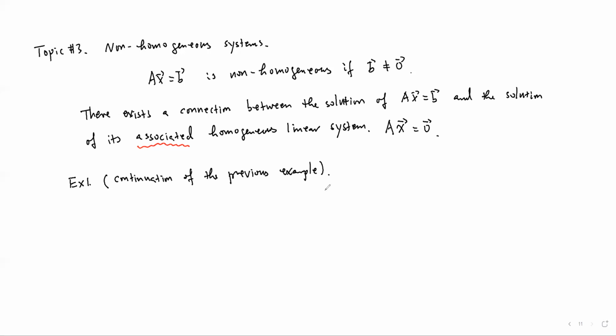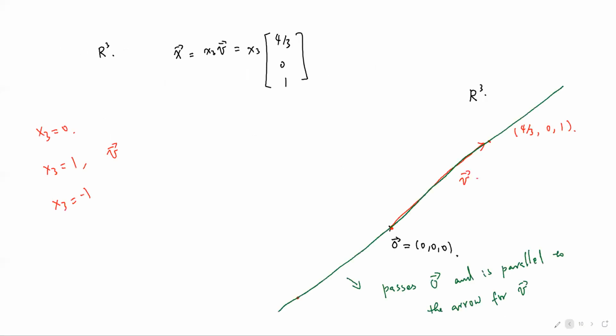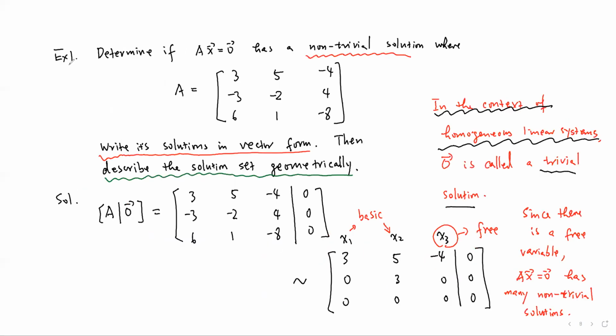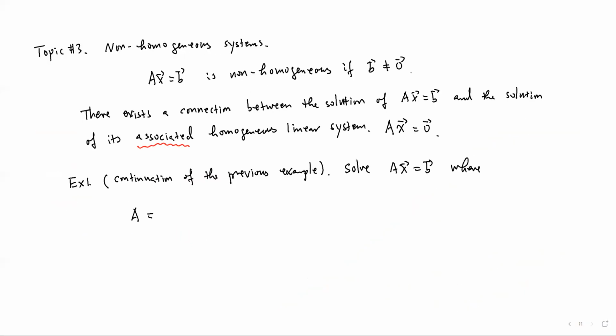Now solve this non-homogeneous linear system where the coefficient matrix is the same as the previous example: rows (3, 5, -4), (-3, -2, 4), (6, 1, 8).